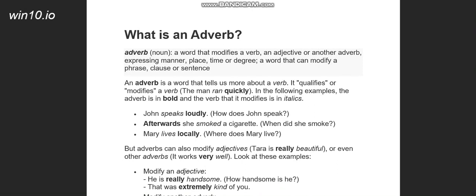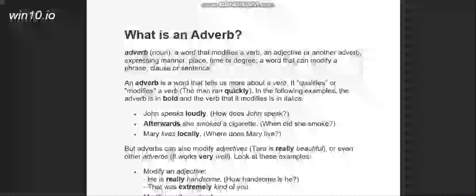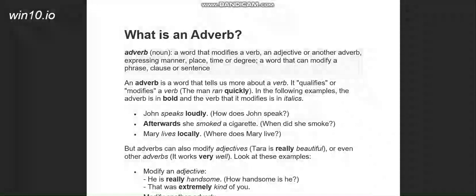Then we have already learned about verbs. Do you remember what verbs are, students? Verbs are words which show action. Anything which shows action is known as a verb. We had a detailed description of verbs and we have totally understood how verbs work.